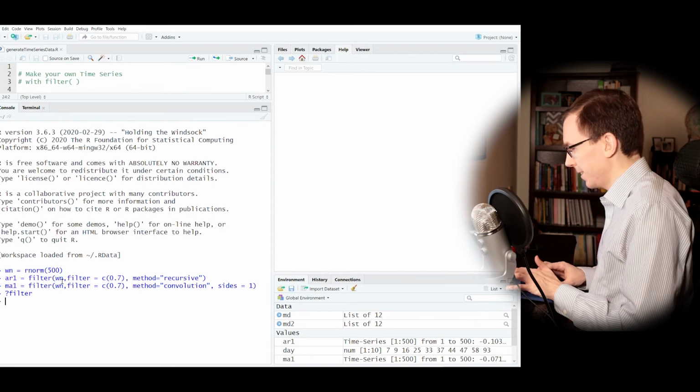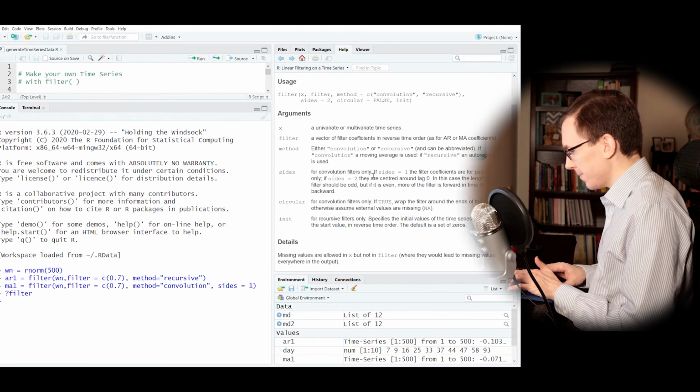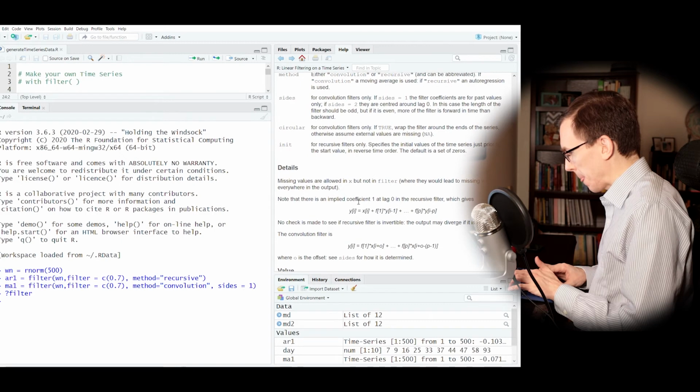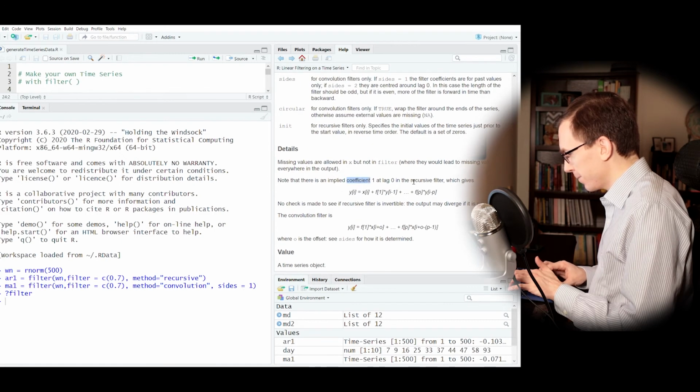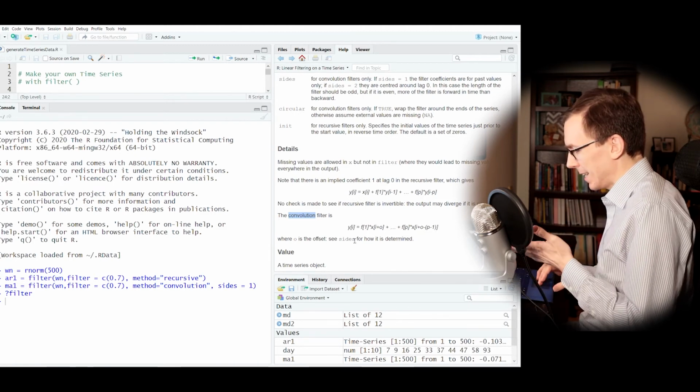So I think that should have given me what I wanted. Let's double check the filter command. Yeah, the convolution filter is going to be t plus the offset, all the way to the offset, where the offset comes from the sides.